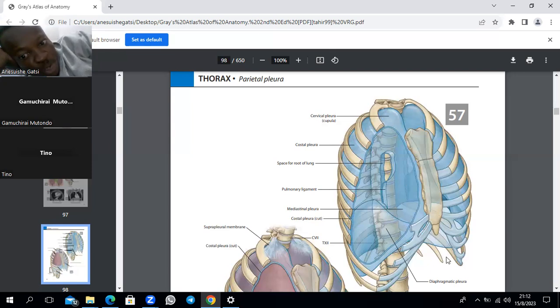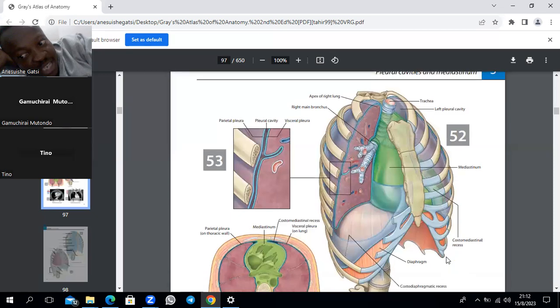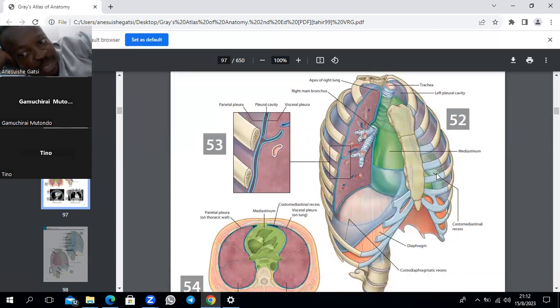Then we have what we call recesses. Recesses are just pockets of spaces between your pleural reflections. For example, there's a space between the costal and the diaphragmatic, which we call costodiaphragmatic recess. There is a space between the costal and the mediastinal, which we call costomediastinal recess.